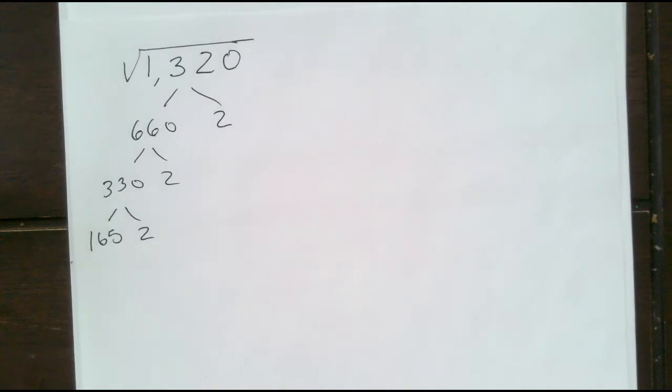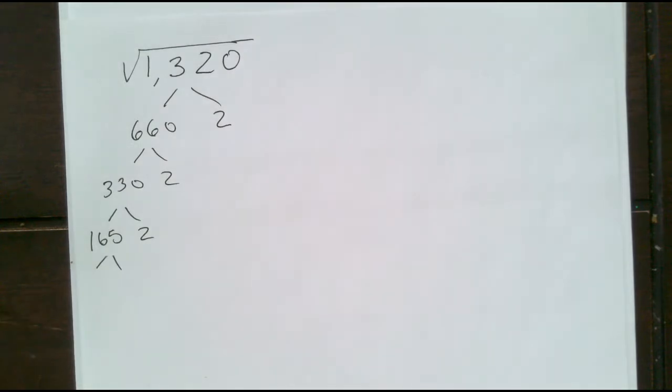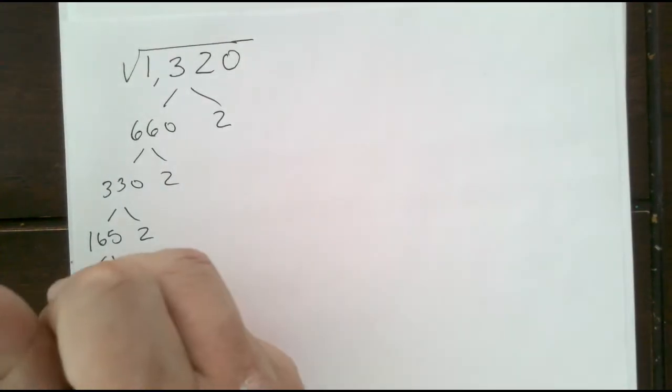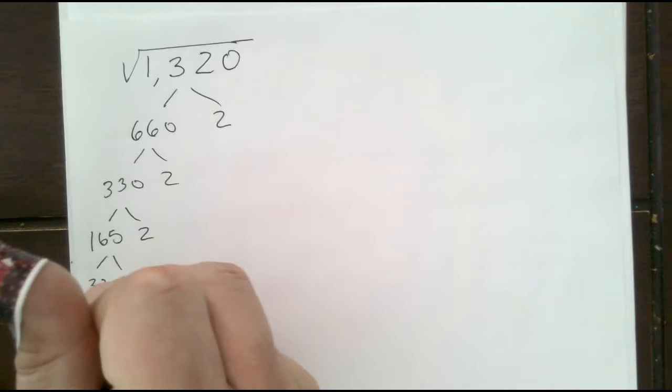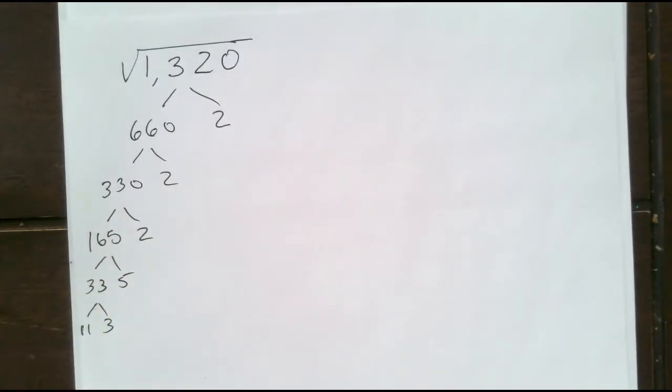Is that right? 330 divided by 2. Yep. 5 goes into it. How many times? 165 divided by 5. 33 and 5. And 11 and 3. Good. This is a good one to do.